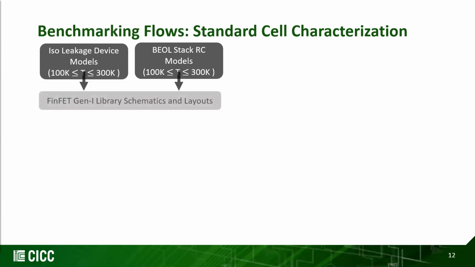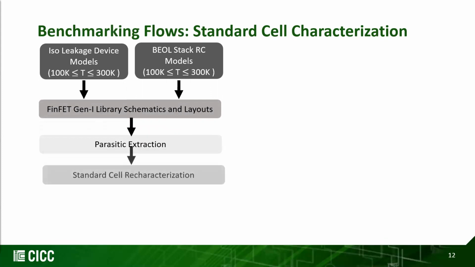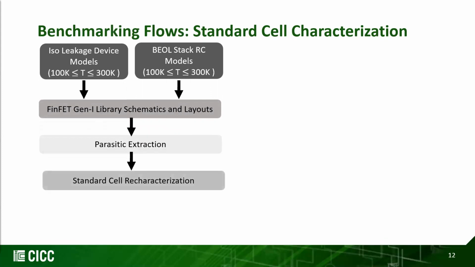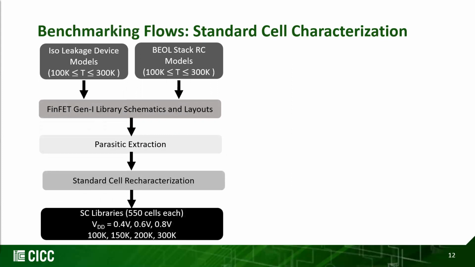We use these in the FinFET Gen 1 PDK library schematic and layouts to perform parasitic extraction and then run standard cell recharacterization flows to obtain the standard cell library for that VDD and temperature. We repeat the flow for different supplies of 0.4, 0.6, and 0.8 volts, and for 4 temperature points of 100, 150, 200, and 300 Kelvin.